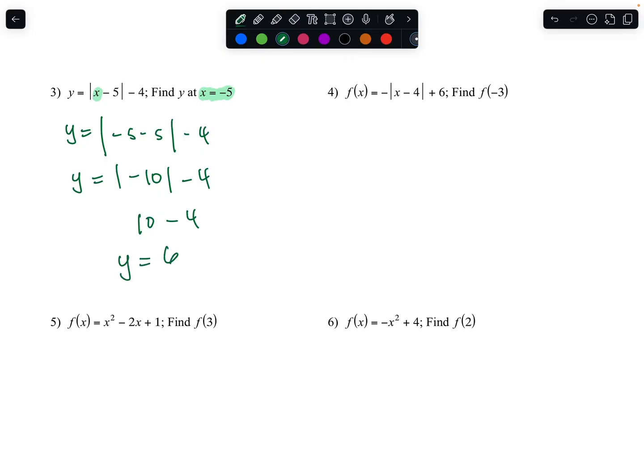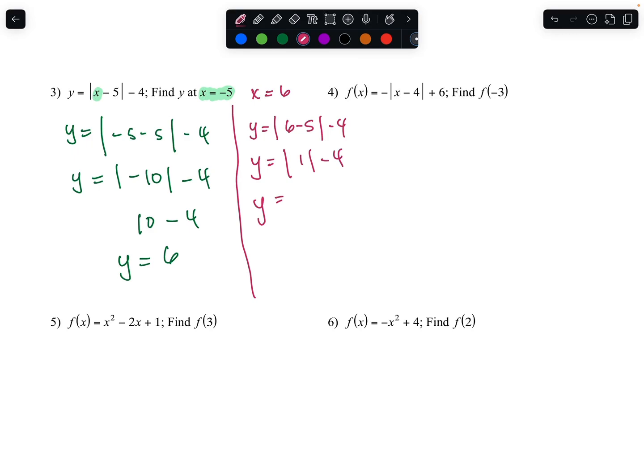Now, let's say in this example, I'm just going to throw in an example right here. Let's say find where x is at positive 6. So I'm going to do the same one. Absolute value of 6 minus 5, minus 4. Then y equals, 6 minus 5 happens to be absolute value of 1, minus 4.